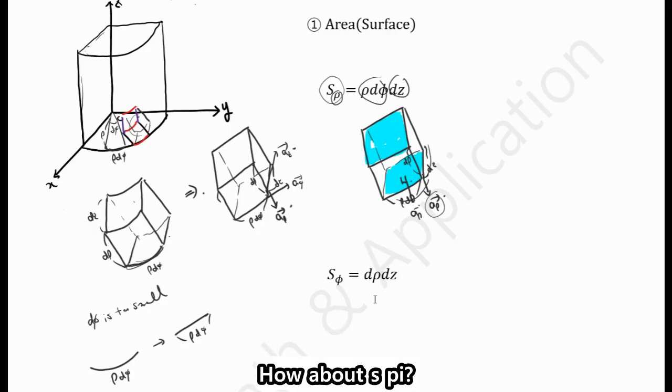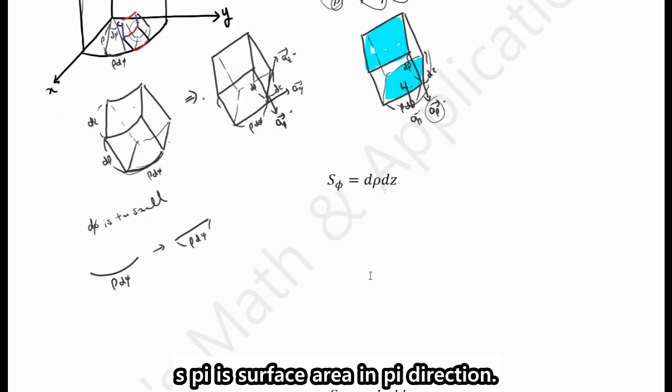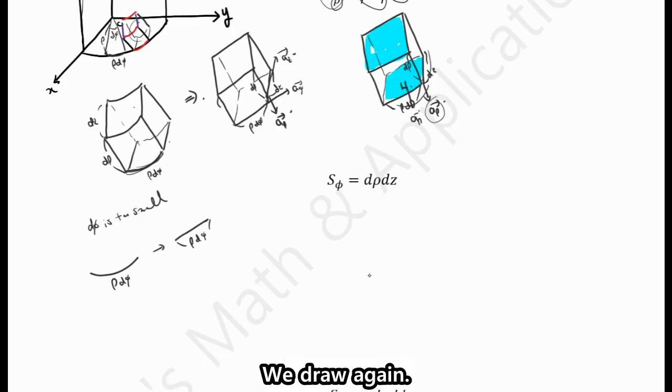How about S phi? S phi is the surface area in the phi direction. We draw again like this.